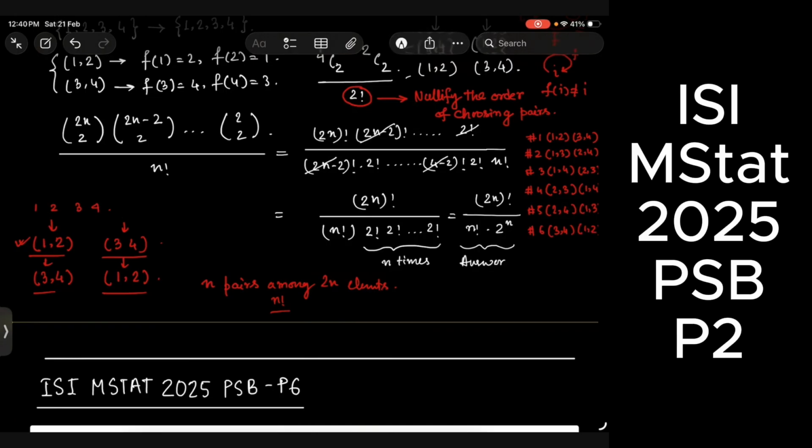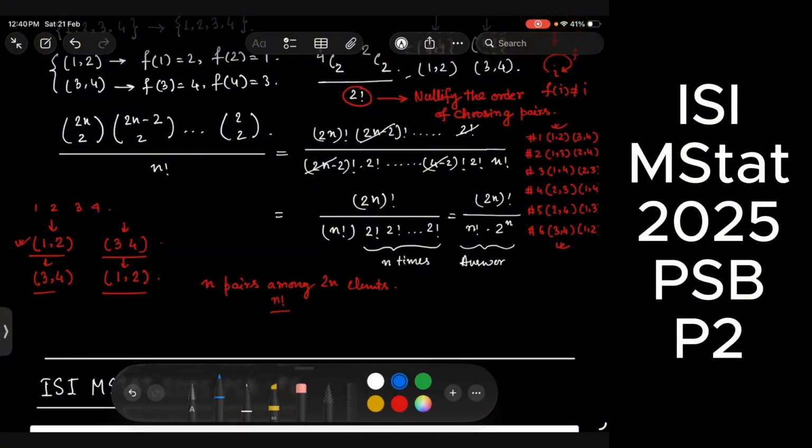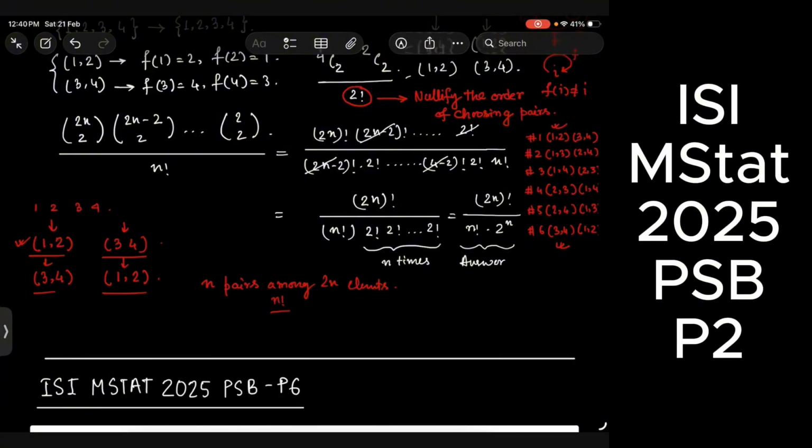So look, this thing and this thing from a function point of view are the same, right? So we can ignore any one of these. Now look at this: 2, 4 and 1, 3 is already in number 2, so we can ignore this.